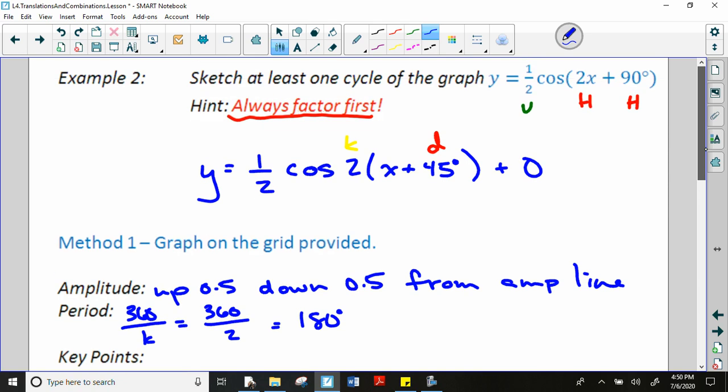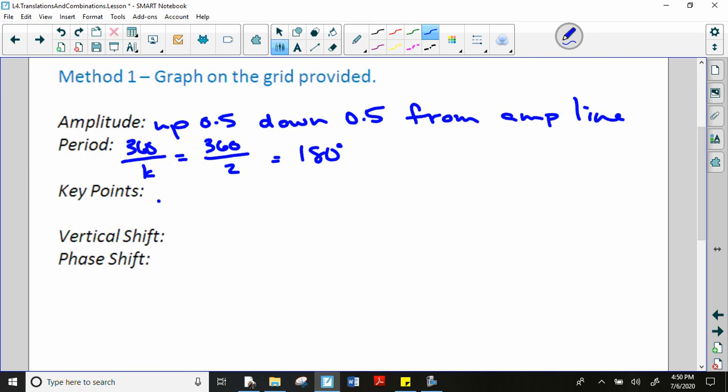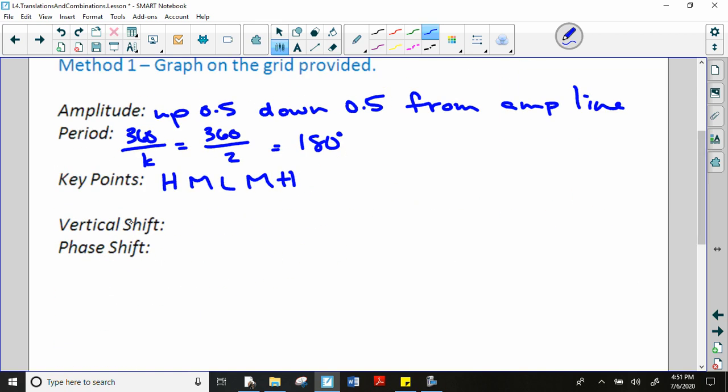Okay, key points. What are we graphing? I have a feeling we're probably doing a cos. Okay, so we're going to go middle, high. No, Megan, what are you doing? Cos is high, middle, low, middle, high. Good. Vertical shift, up or down? Nope, not applicable. So our amp line is going to stay at y equals 0.